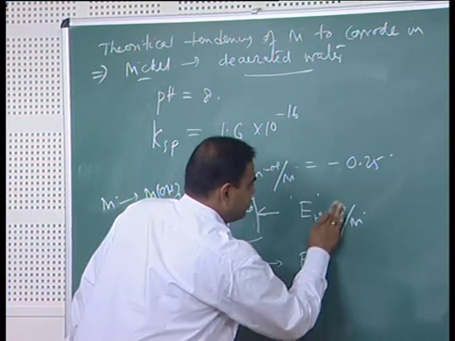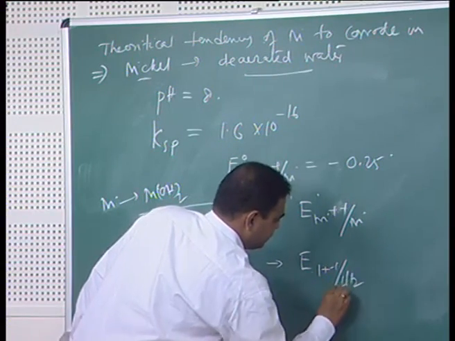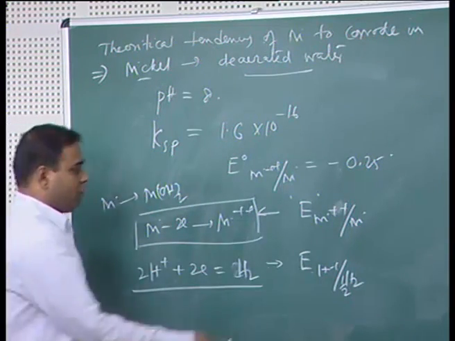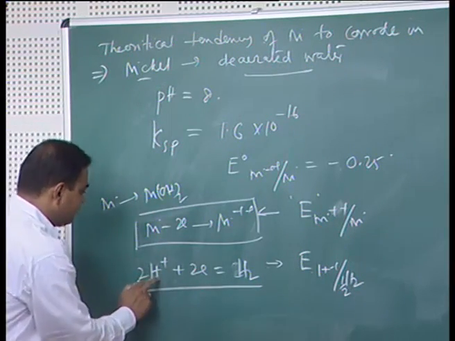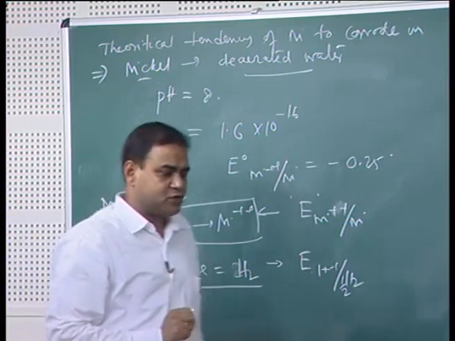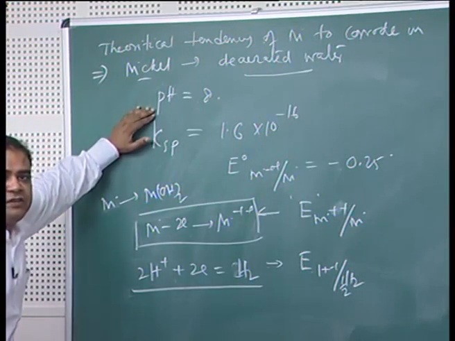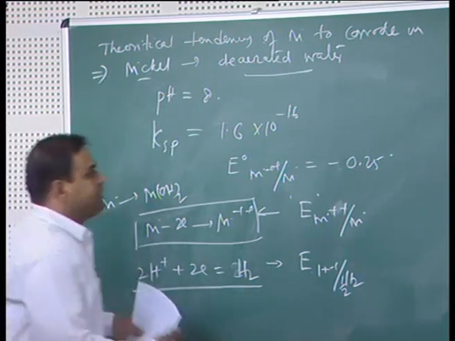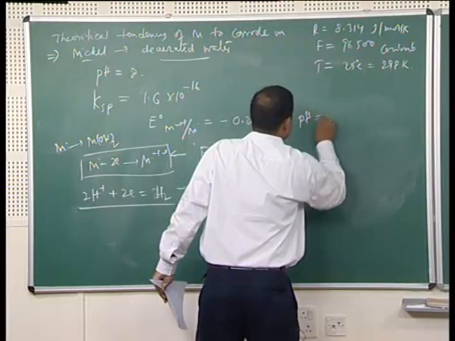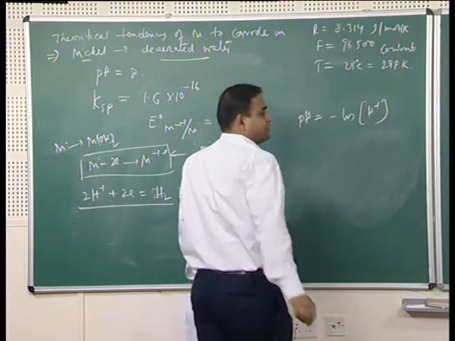So in that case also we can find out what is E for this, because here we are not maintaining the hydrogen ion activity to be 1, because we have already specified what is the pH. The pH is defined as minus log of the concentration of H plus.